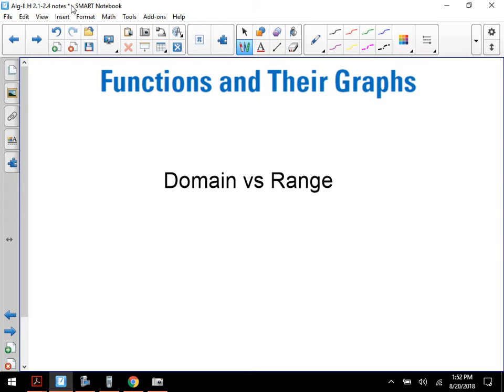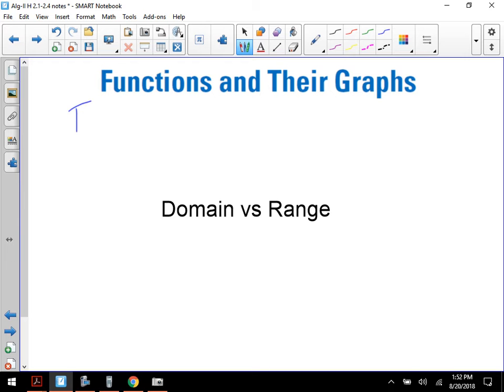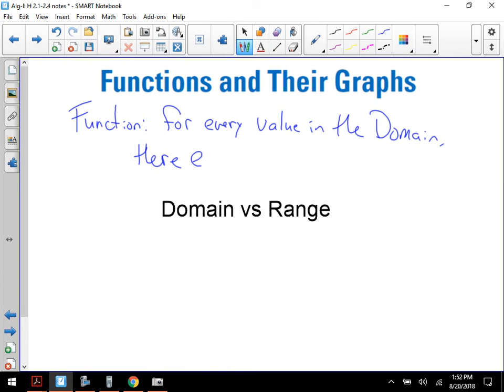Functions. Functions in terms of algebra: for every value in the domain, there exists exactly one value in the range.